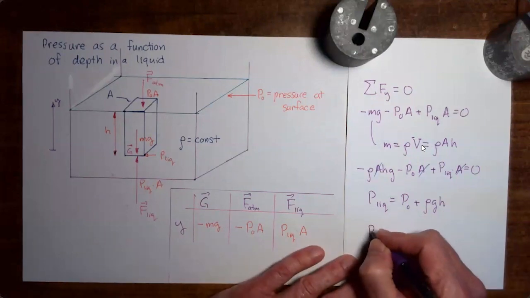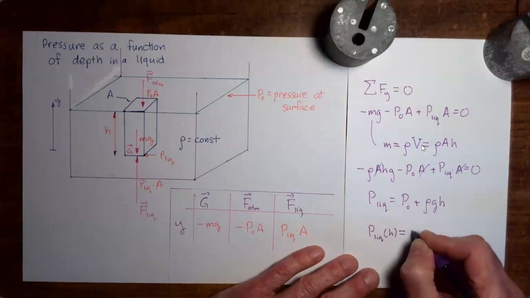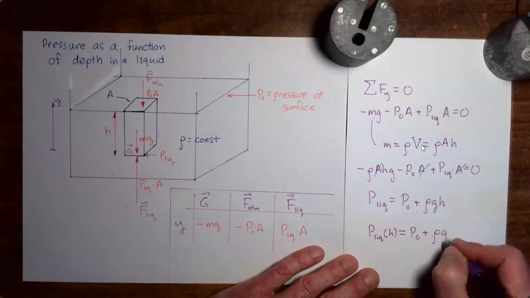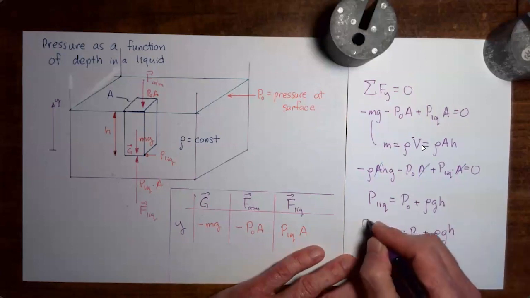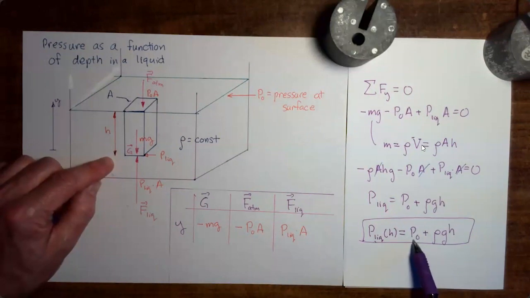If we like, it might even be nicer to write P liquid as a function of H equals pressure at the top surface plus density of the liquid times free fall acceleration times our depth in the liquid. So we can see then that the pressure at a depth H beneath the surface equals pressure at the surface plus density of liquid times free fall acceleration multiplied by the depth beneath the surface.